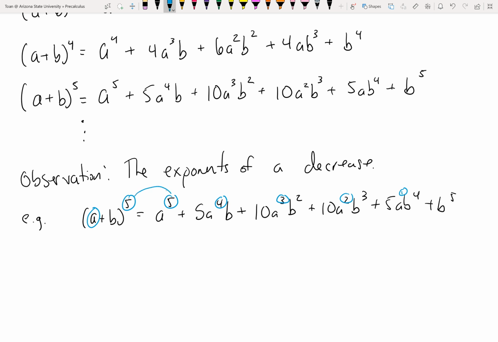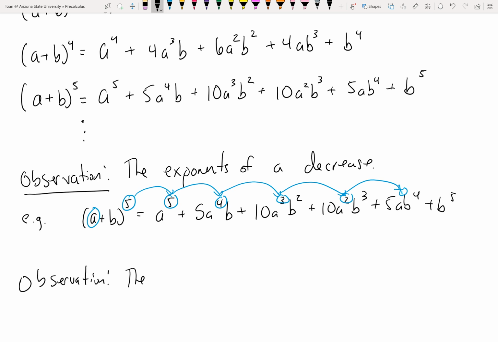You know, it goes 5, 4, 3, 2, 1. And not surprisingly, it goes in the exact reverse for the exponents of b. Observation: the exponents of b increase.